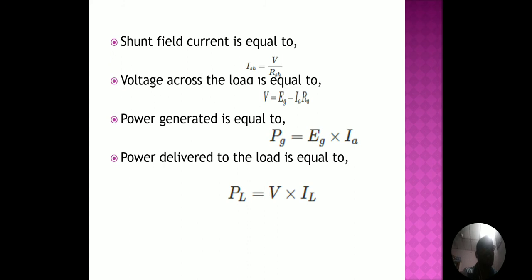Shunt field current ISH is equal to V by RSH, where V is the voltage and RSH is the shunt field resistance.